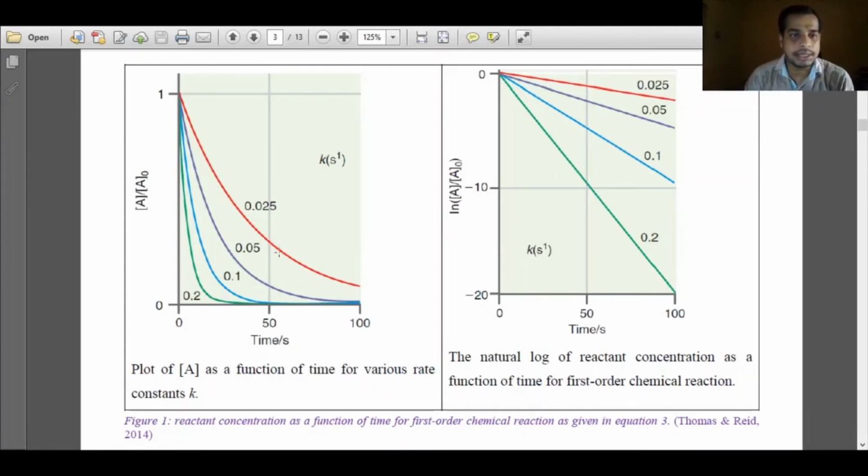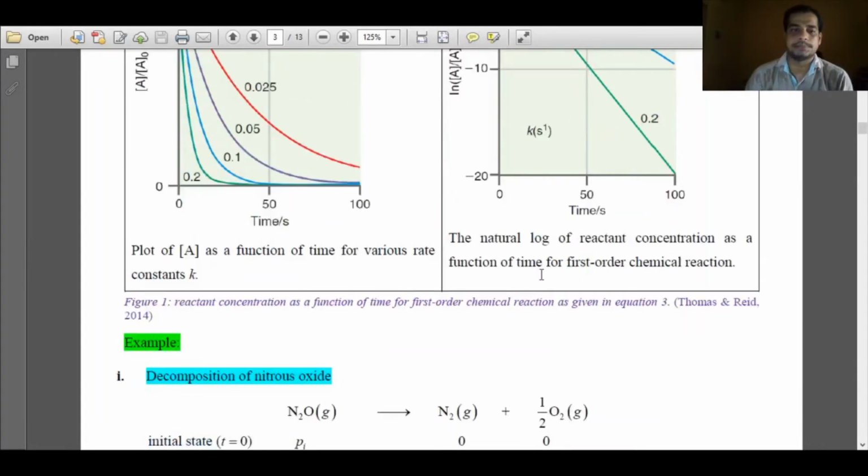So when the rate constant is more, the exponential decrease is heavier, and when the rate constant is less, the exponential decrease is not that heavy. Similarly, if I want to draw a linear graph, I have to take the logarithm of this corresponding graph. Again, here also, as the rate constant increases, the rate of decrease of the reactant concentration is faster compared to the case when the rate constant is lower.